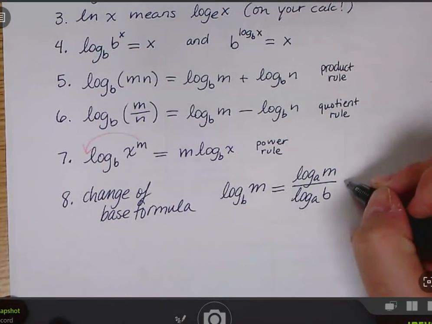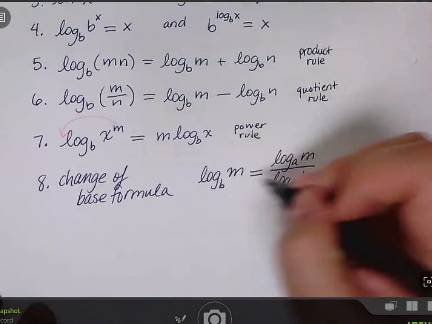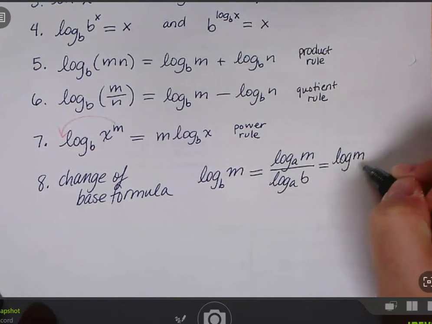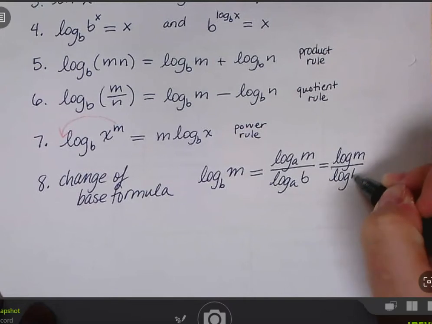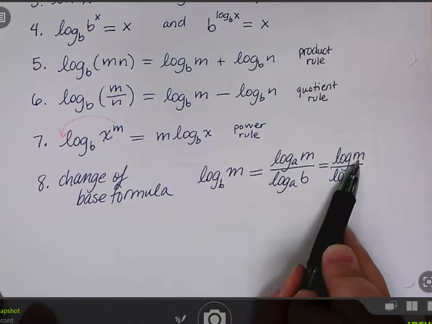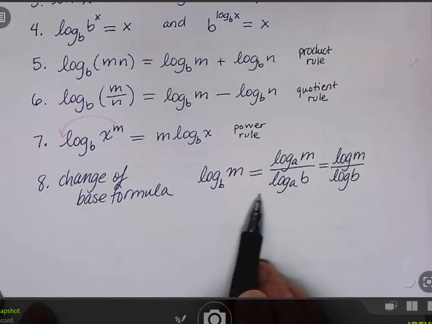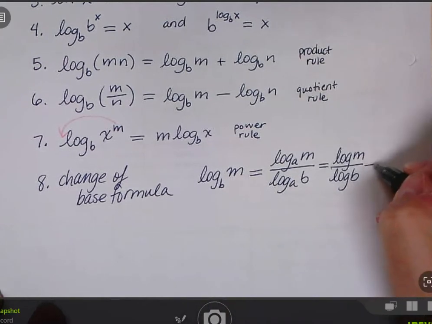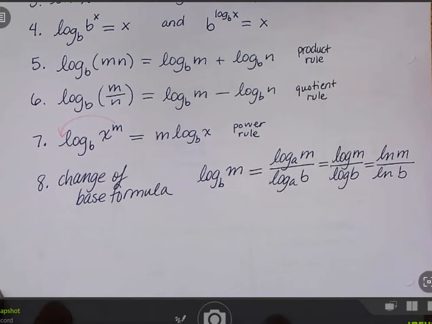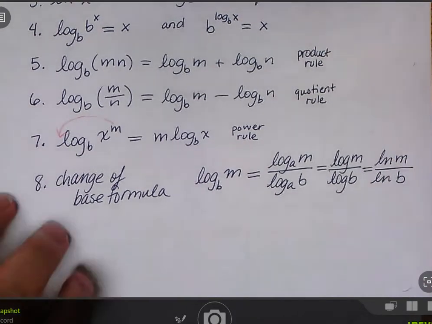Okay, we use it to change a logarithmic expression into either log over log. And notice the number that is originally higher up goes on top. The number that is originally lower goes down the bottom. Or we could do the same thing with natural log.